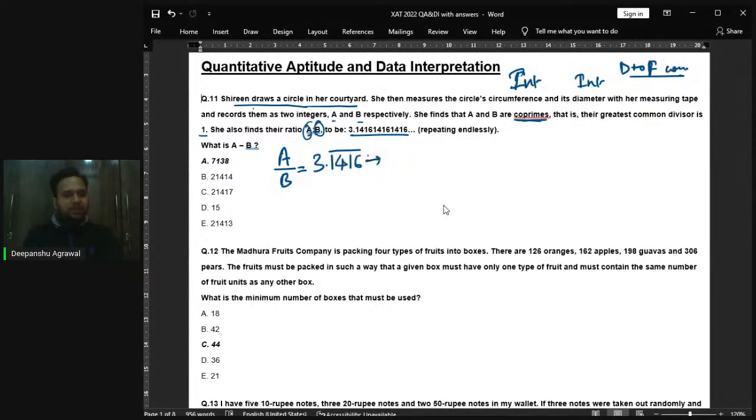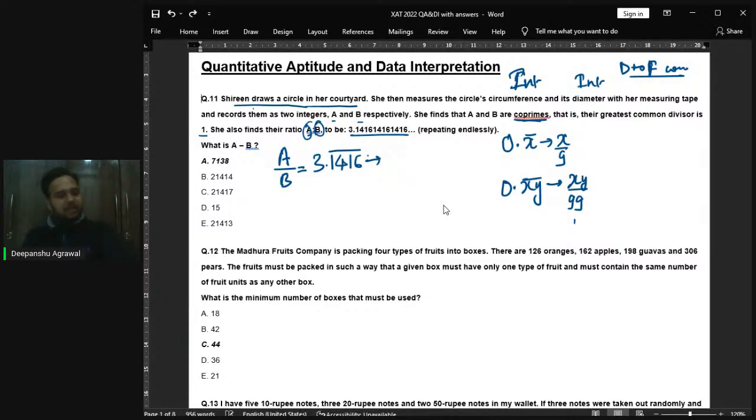I hope you know that if we want to convert 0.x bar to a fraction, it comes as x by 9. Similarly, if we want to convert 0.xy with a bar on x and y, it comes as xy divided by 99, and so on. This is the standard conversion from decimal to fraction.